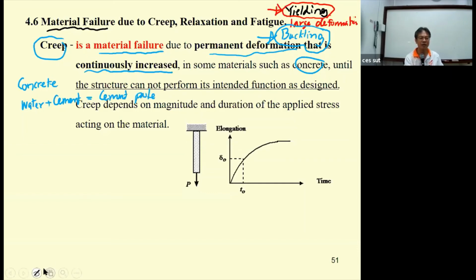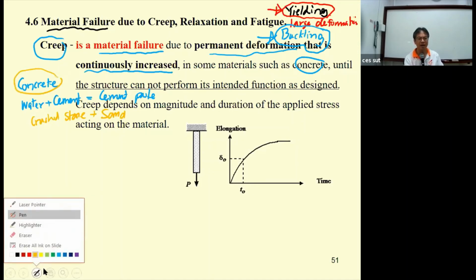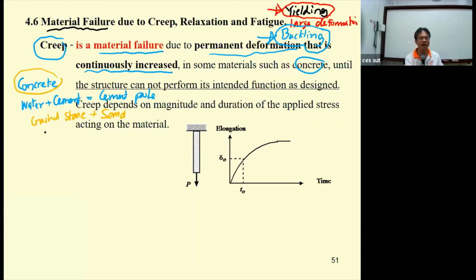Okay, and then we put the crushed stone, and also the sand to make it a concrete. Not only that, with cement paste, crushed stone, and sand, the concrete still has voids, and also water fills in the voids.